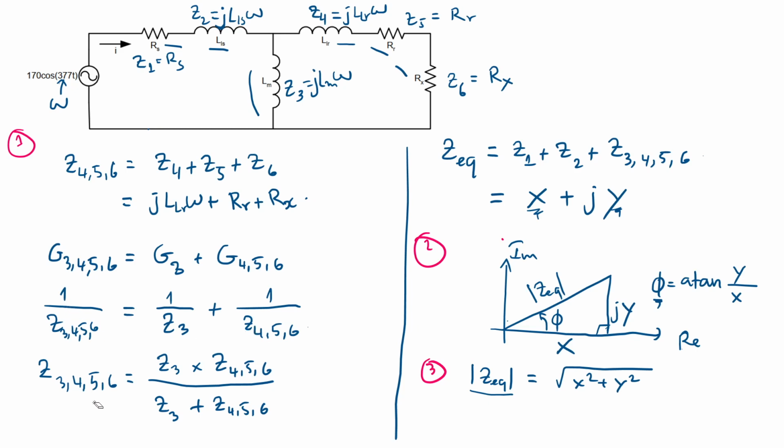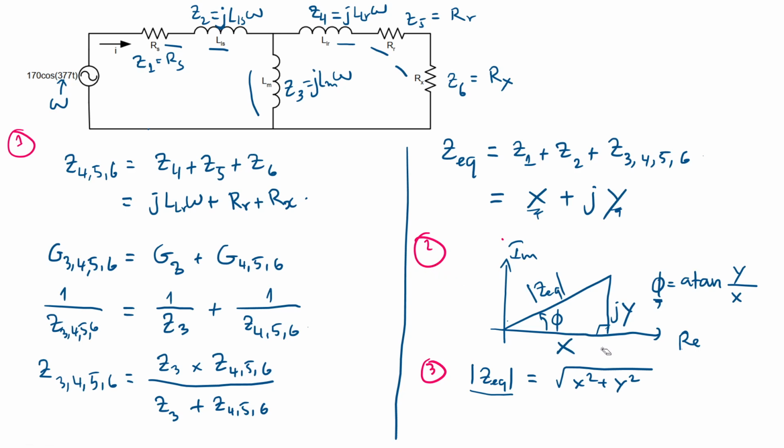So finally you can find the sub-equivalent impedance on this part. Then this equivalent impedance is in series with Z2 and Z1, so you just add them up, and finally you combine the real part and imaginary part accordingly.